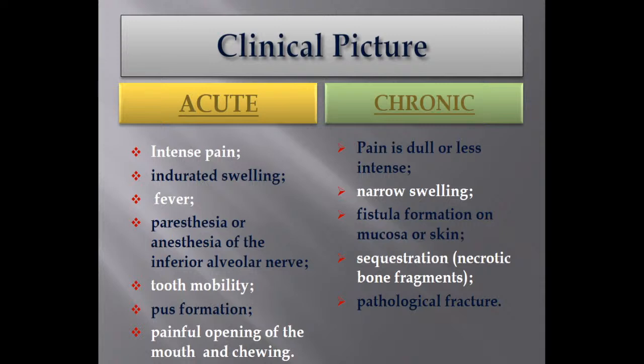Eventually, pus bursts through the cortical plate to drain via sinuses in the skin or mucosa. Where pus penetrates the cortex, it may spread subperiosteally, stripping the periosteum and thus further reducing the blood supply.